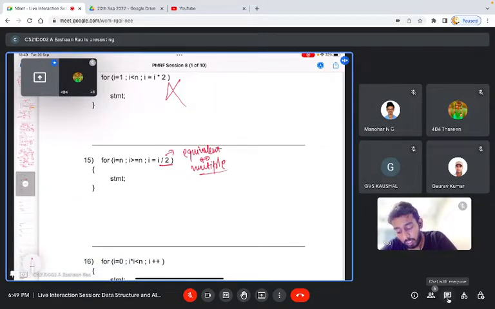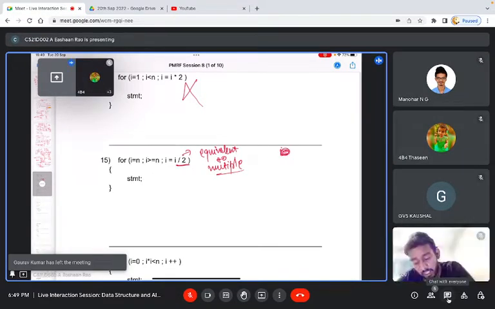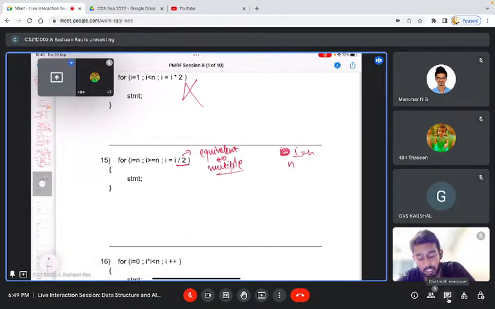If you want to trace it out, let's suppose I is n. Initially it will be n, in the next iteration it will be n by 2, in the next iteration n by 2 square, in the next iteration n by 2 raised to 3, and it goes till a certain point, n by 2 raised to k.